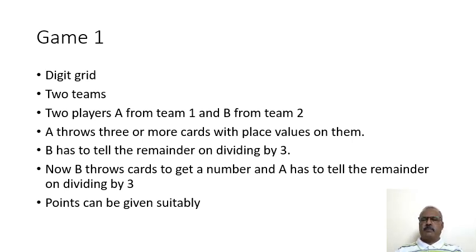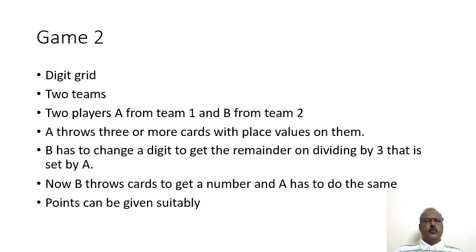The smaller the team, the faster the turns are. So generally it shouldn't be too big a crowd to play the games. Parents can play this game with their children, and points can be given suitably. For example, 2 points if no help is required and the answer is correct, and 1 point if help is required and given, and the answer is arrived at.